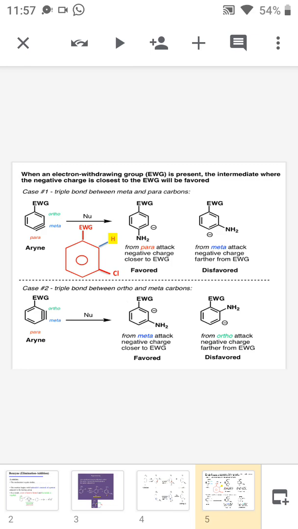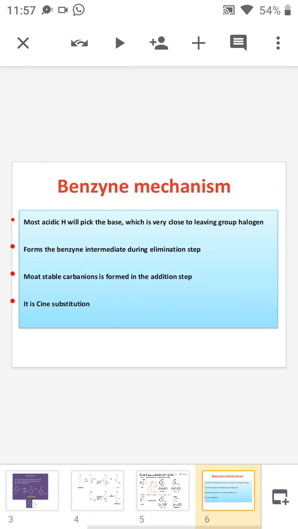Okay. Now we are moving to some important points to which we have to give more importance. First, the benzyne mechanism is an elimination addition reaction in which we use a very strong base as a starting material, and the strong base will pick out the most acidic hydrogen.